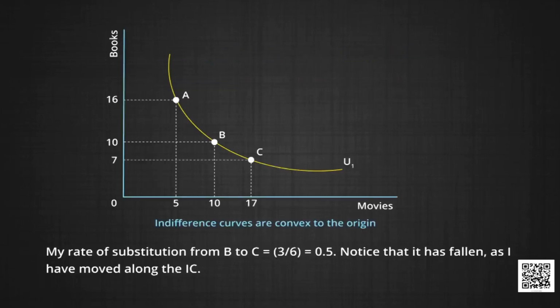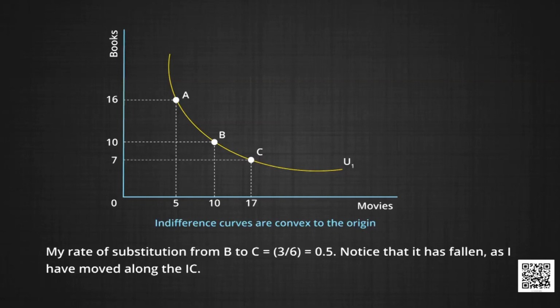If I now move from B to C, once again, my total utility remains unchanged because I'm on the same indifference curve, but I am now consuming 15 movies and 7 books. I have only given up 3 books for 5 movies. My rate of substitution from B to C is 3 divided by 5, which is 0.6.